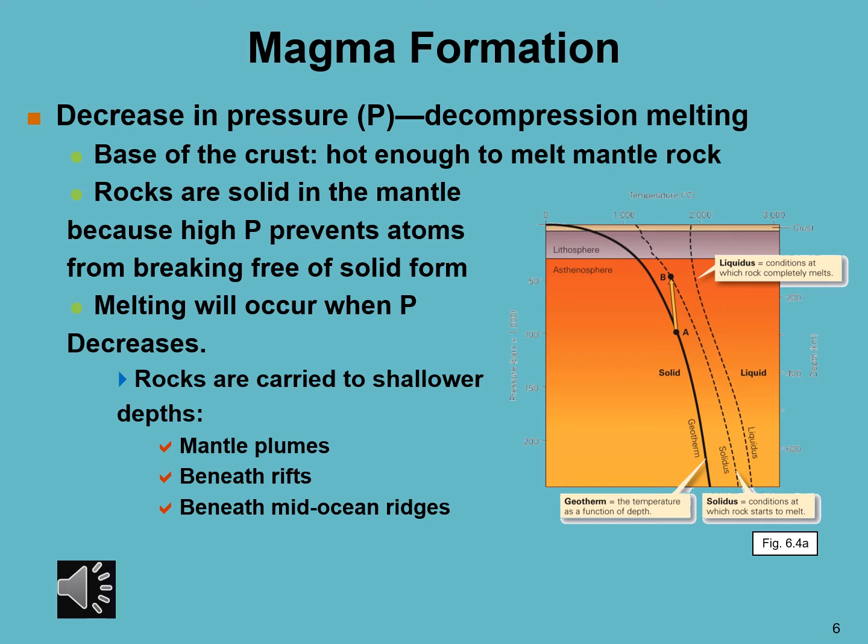The red line is the liquidus, temperature where rock is completely melted at depth, and the green line is the solidus, temperature where rock begins to melt. In the example going from A to B, the rock rises from a solid at higher pressure to a point on the solidus line at lower pressure, but at slightly lower temperatures where the rock begins to melt.